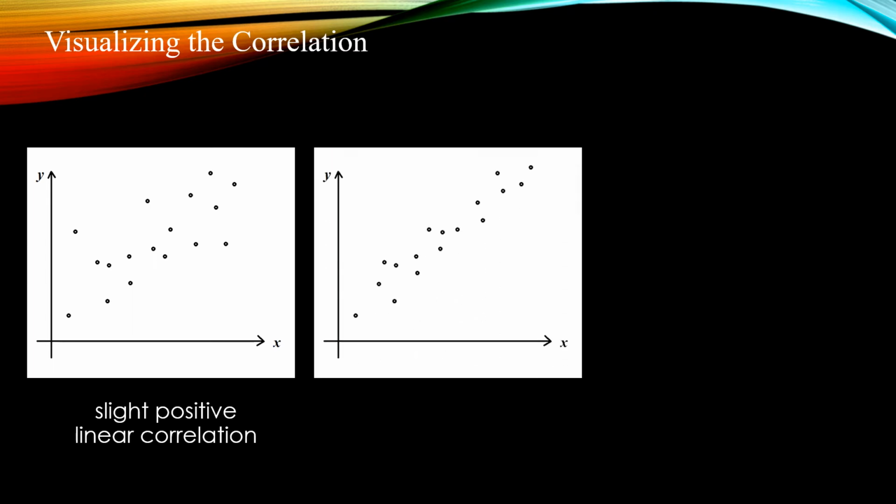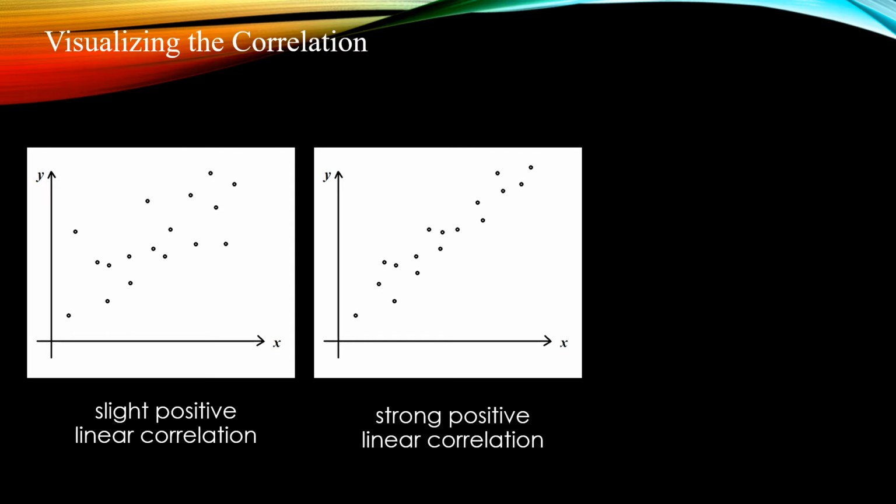If the data points are more tightly bound to each other, where you see that there is a smaller variation around that linear relationship, this would be considered a strong positive linear correlation.